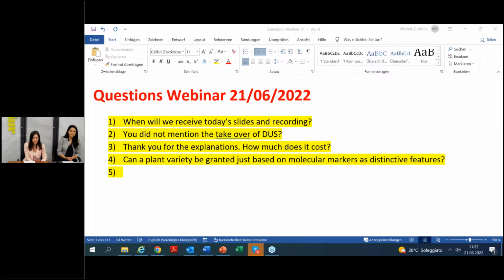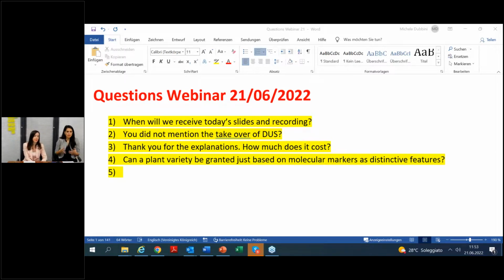Of course, we know that there is much research and innovation nowadays in molecular markers, and the role of how they can assist in innovating plant varieties is coming to the forefront. But for now, our system is designed and conceived in this way of assessing the varieties at phenotypical level.